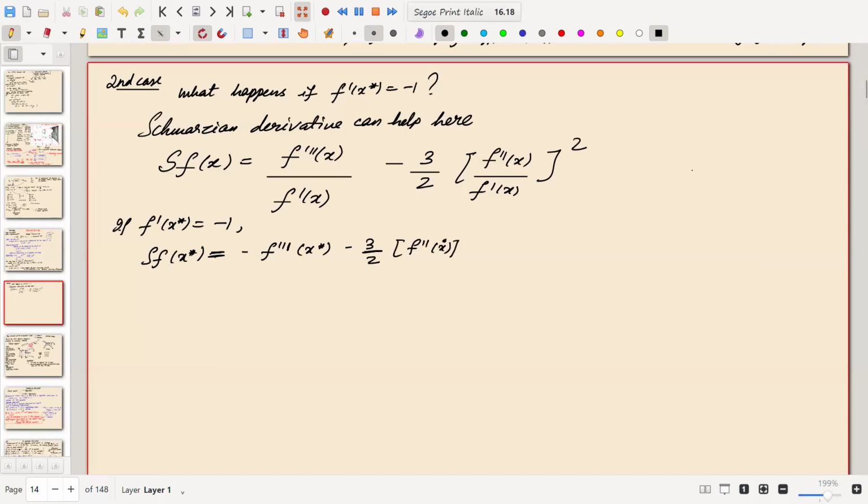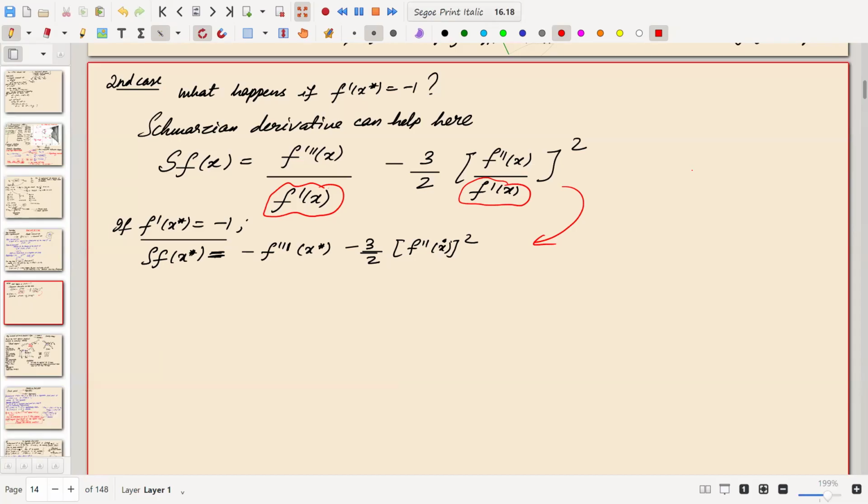Can you see why this happened? Since f prime at x star is equal to -1, you can replace these quantities with -1, and then we arrive at this equation. Anyone not understanding this step?